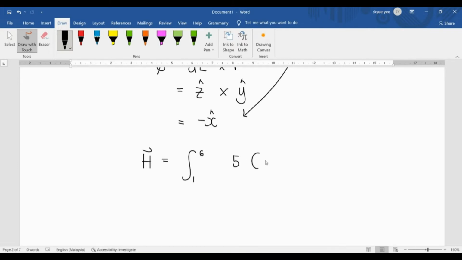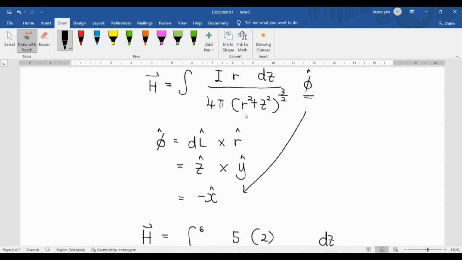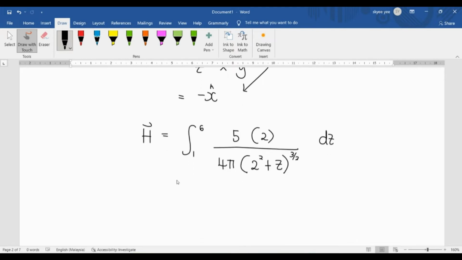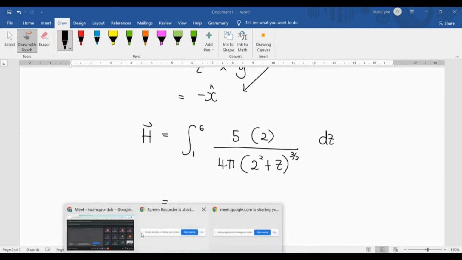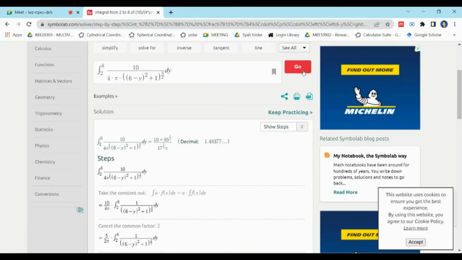R you have calculated, which is 2, and dz is here, over 4 pi. So you can input this into the software. If you don't have Maple, you can use, for example, this one.